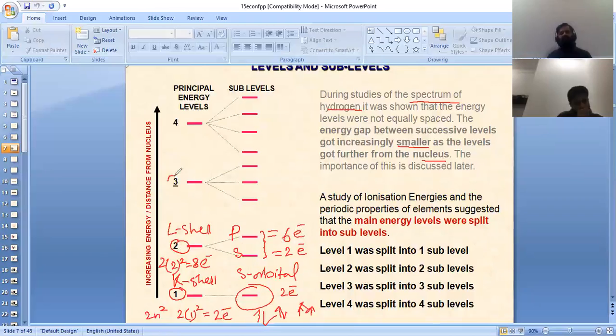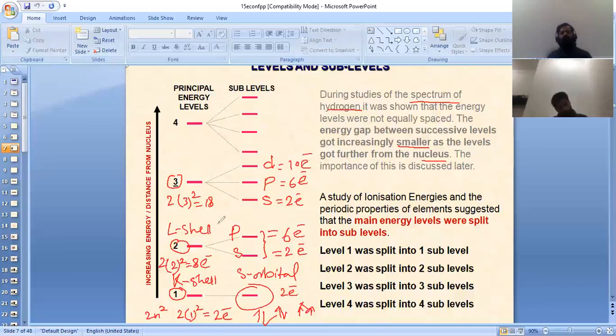When they observed the third shell, how many electrons can it maximum occupy? Sir, 18. But this third shell had S, P, and even D. How many can S occupy? 2 electrons. P? 6 electrons. And D? 10 electrons.